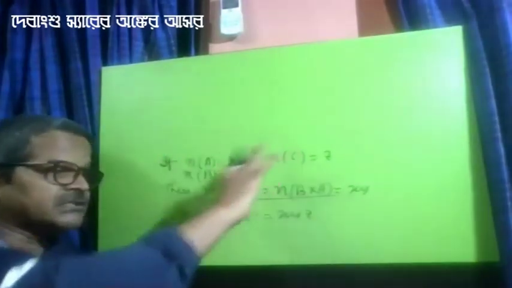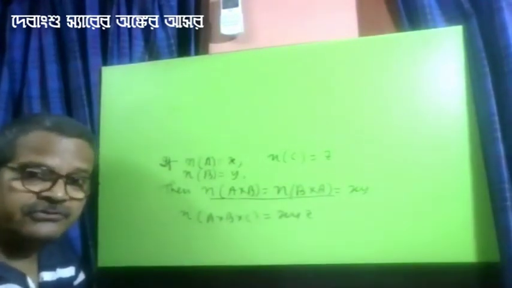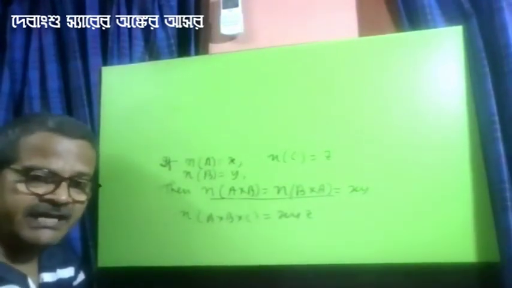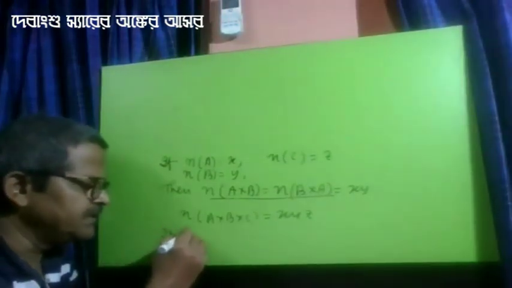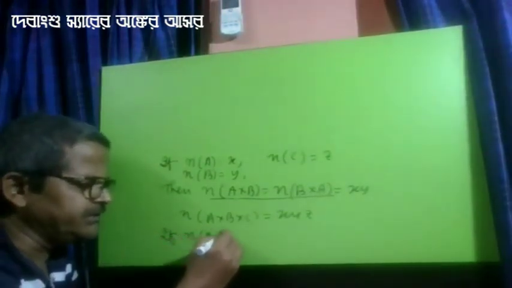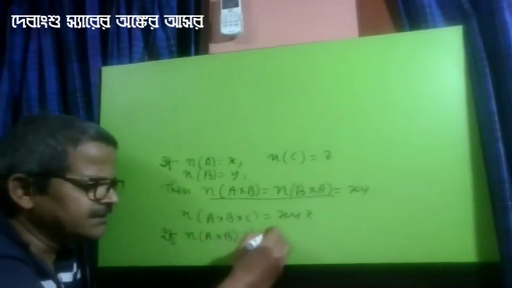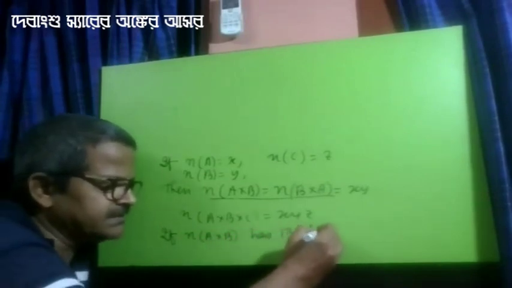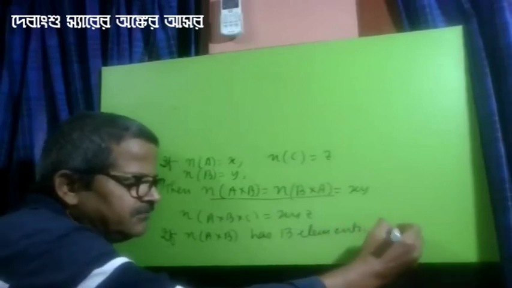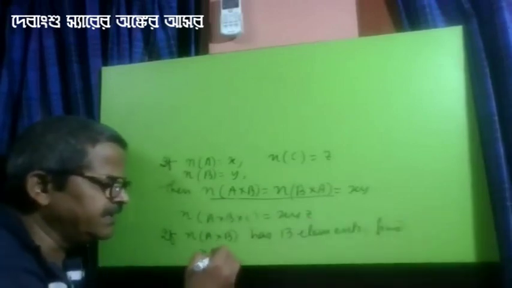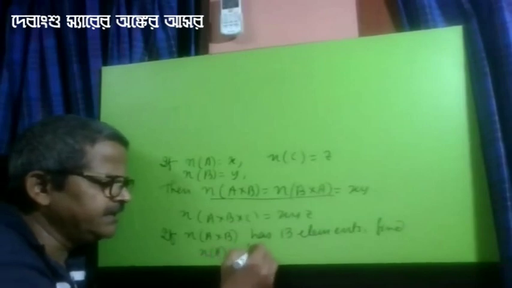Now, on the basis of this concept, a few questions may arise. For example, if n(A×B) has 13 elements, find n(A) and n(B).